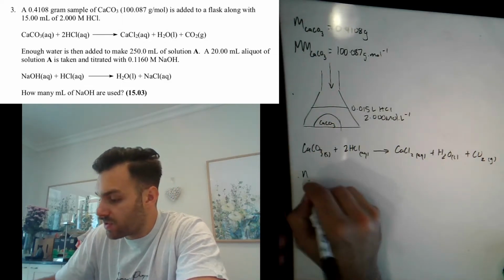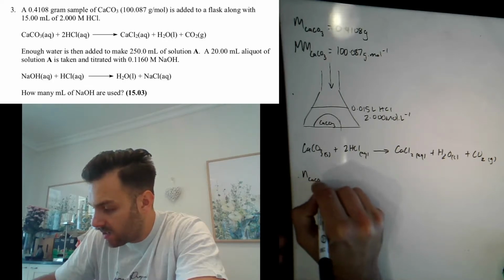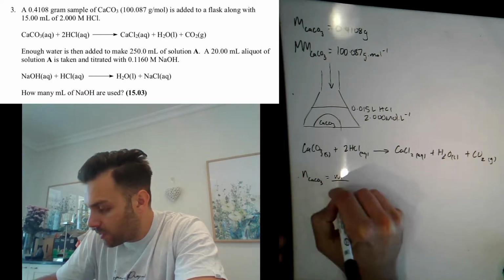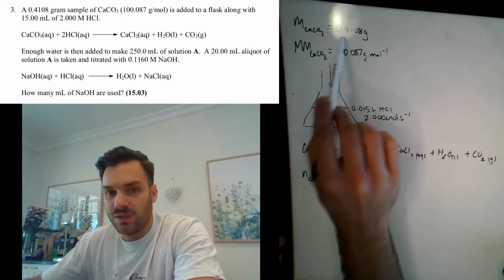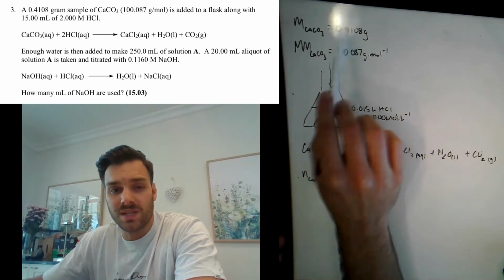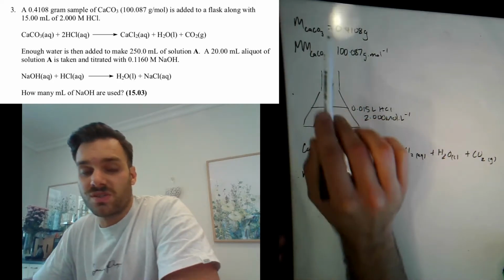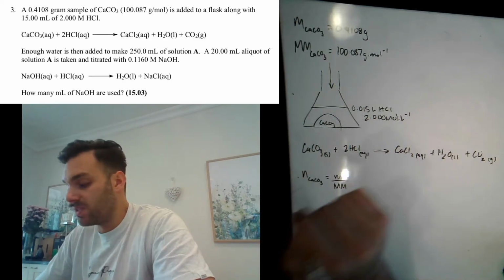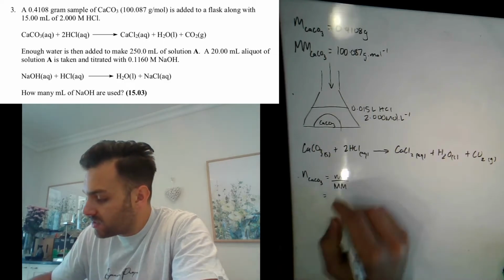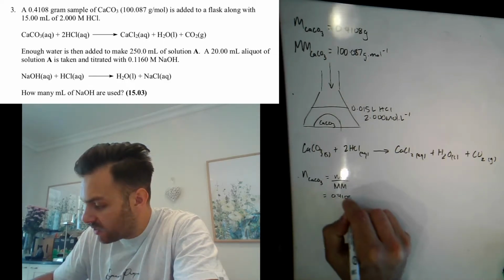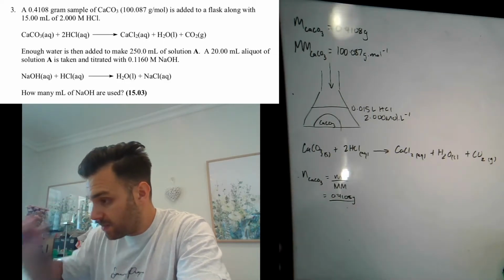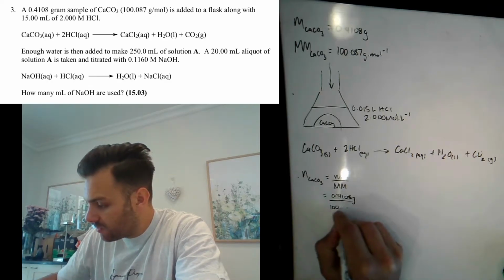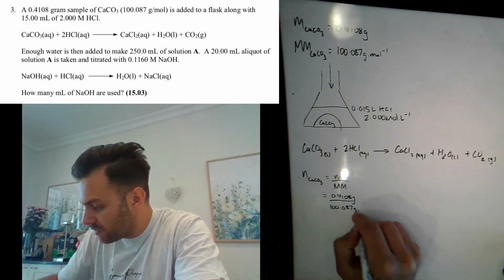So our number of moles of calcium carbonate is equal to mass on molar mass. Now, just to note, you'd normally be looking for this, but they've actually given you this already, so that's what we've been doing in the other questions. So the question's actually different. They're asking me how many mils of sodium hydroxide will be used at the end. So this is 0.4108 grams divided by 100.087 grams per mole.